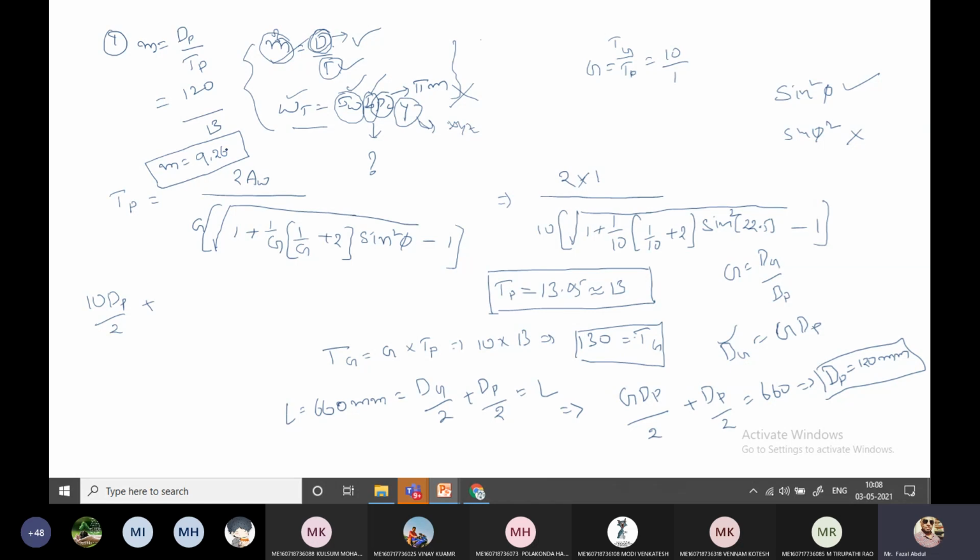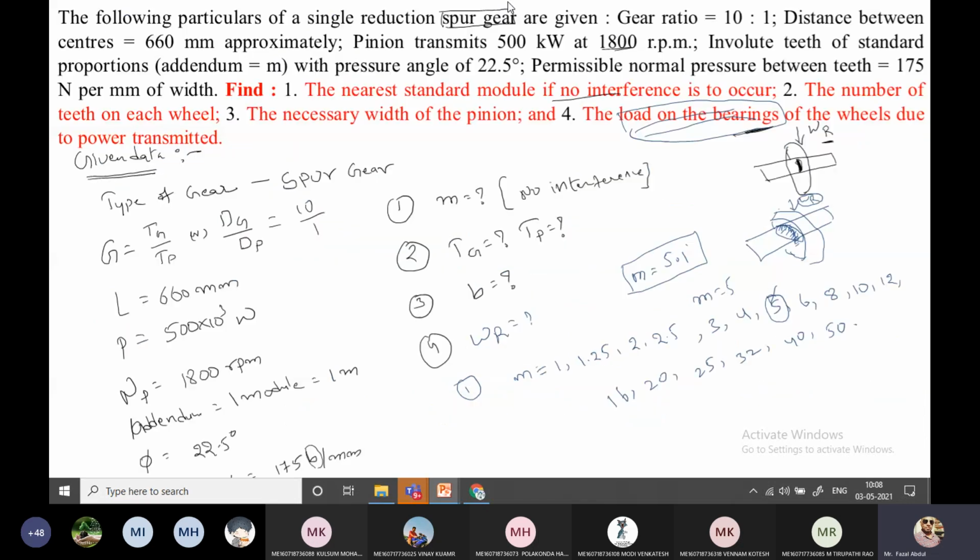9.26. See, I have written one scale here, based on the Indian standard module values.